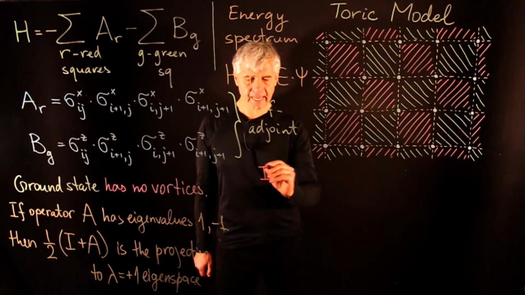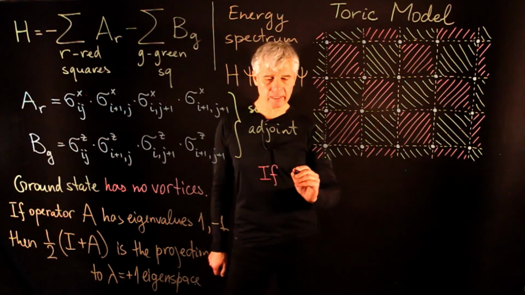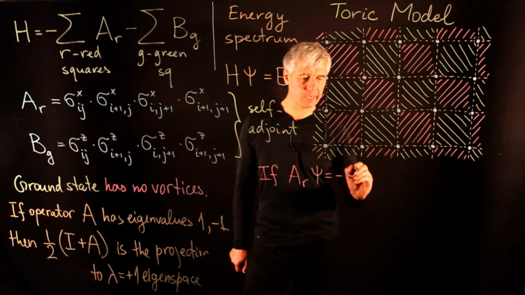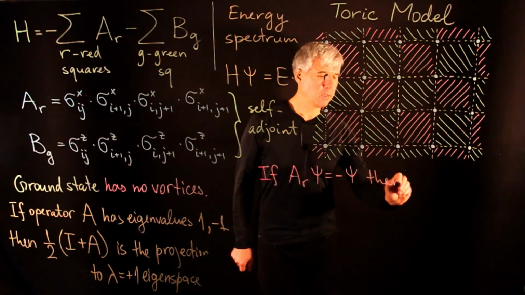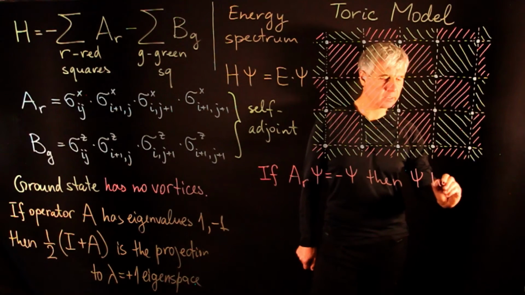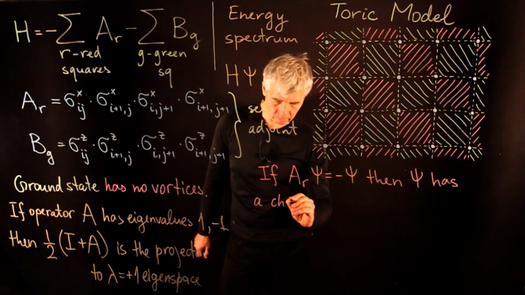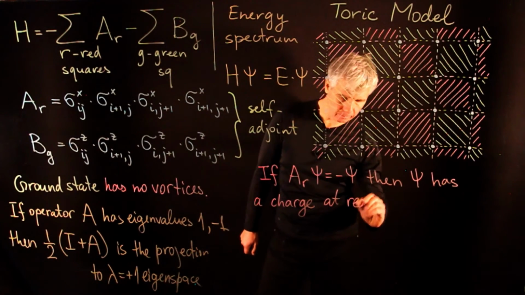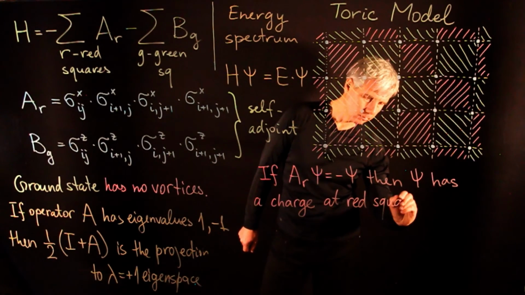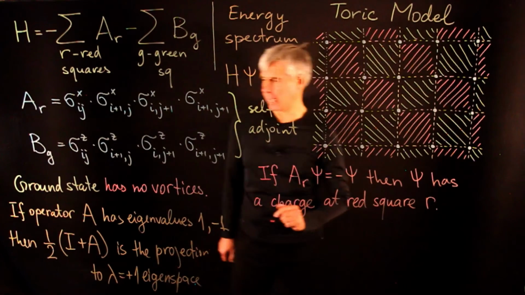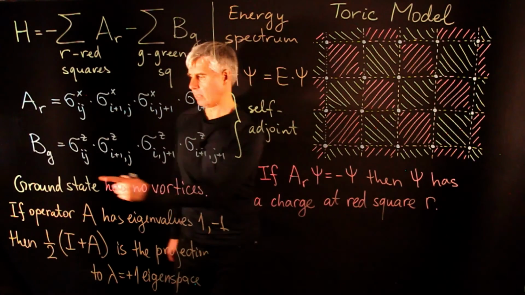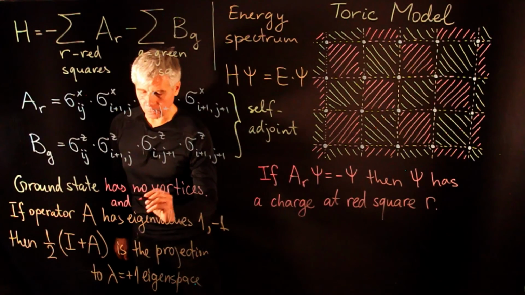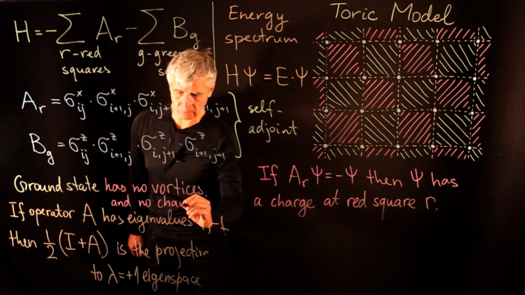If we have a state which is a -1 eigenstate for AR, so AR psi is equal to -psi, then we say that psi has a charge at red square R. And then we see that the ground state has no vortices and also no charges.